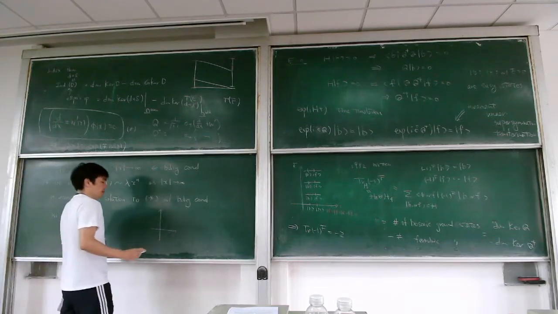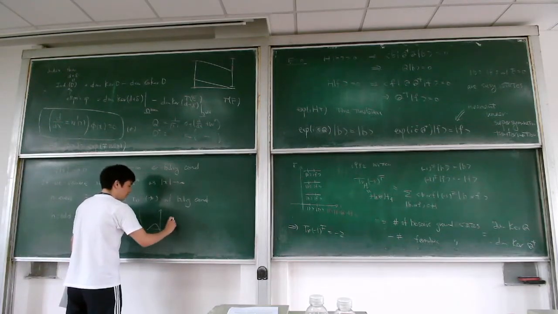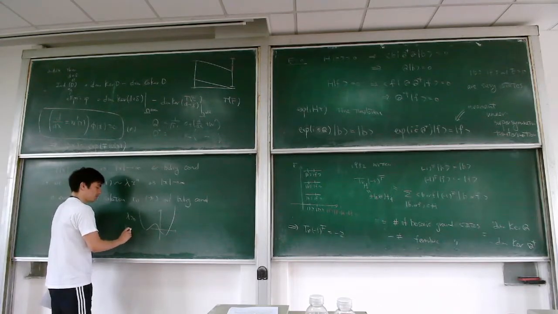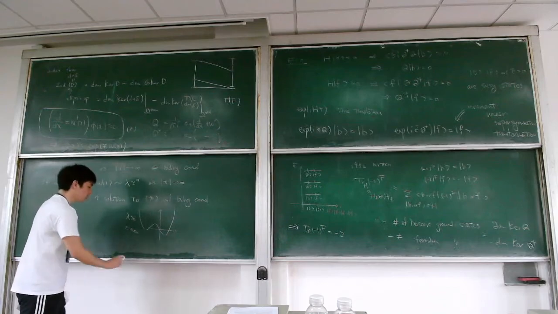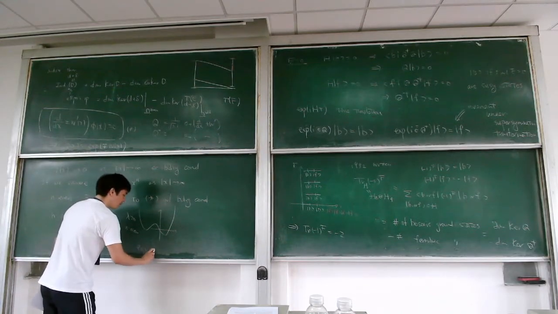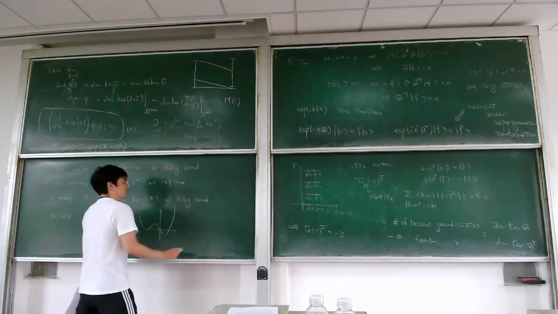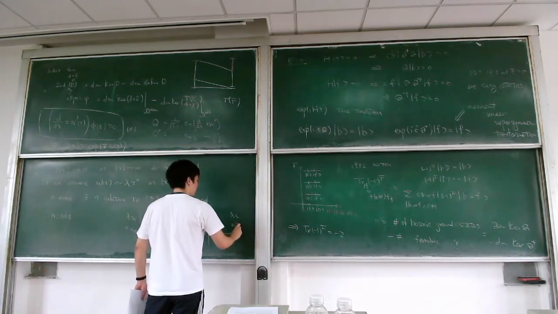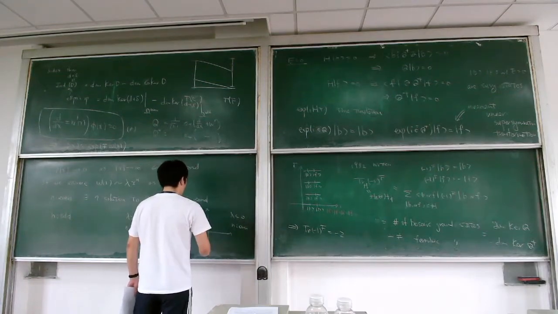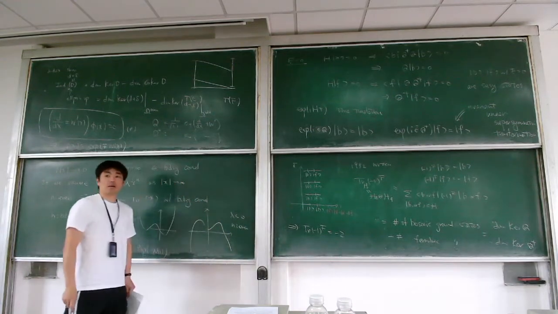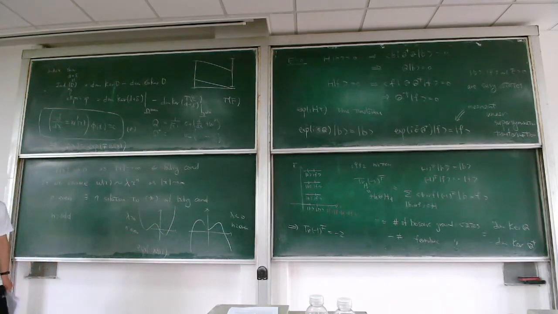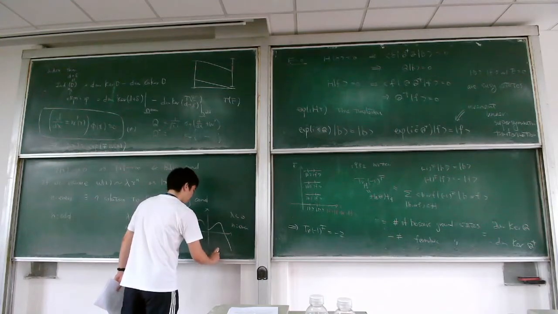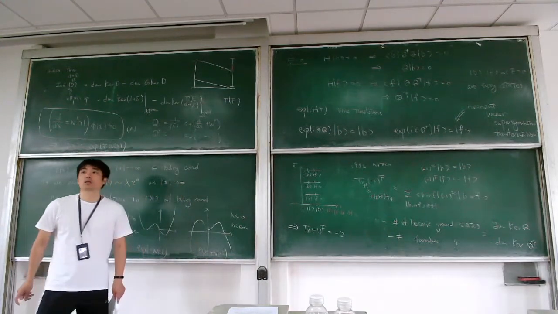If lambda is positive and n is even, then the solution is the exponential of minus W of x. If lambda is negative and n is even, the solution is the exponential of plus W of x.